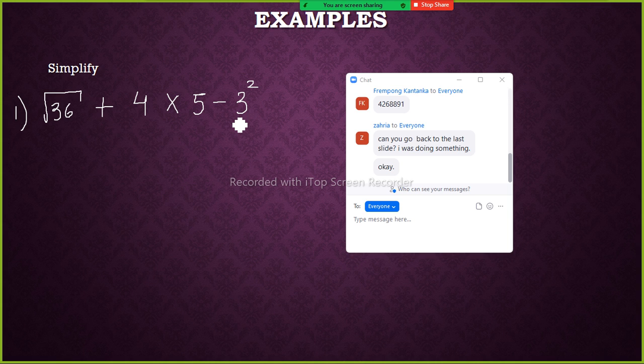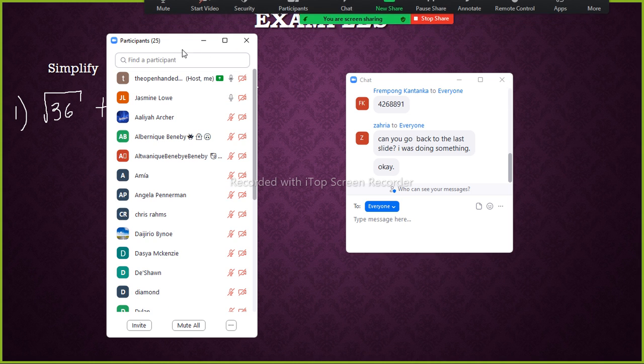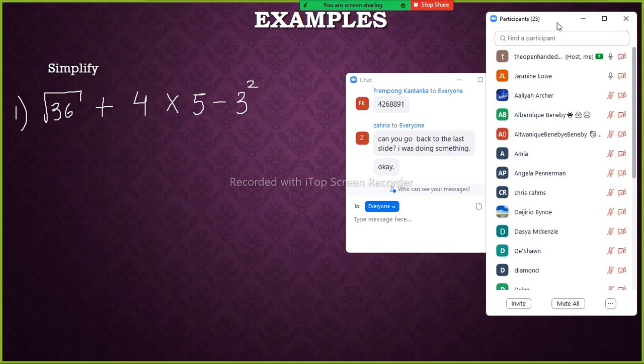Okay, so with this one, what should I do first? Should I do the square root, the multiplication? Okay, the square root. Do we agree with her, or think we should do multiplication first? I just guessed. You're just guessing. Okay.